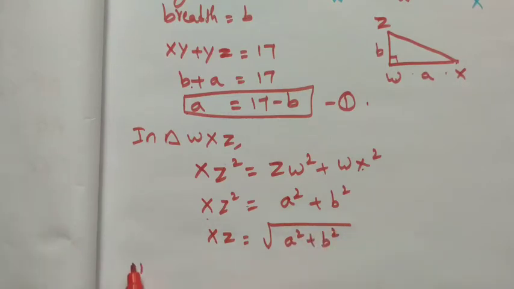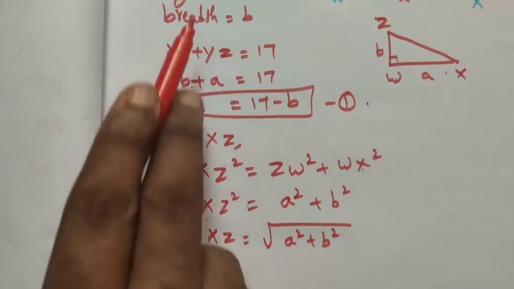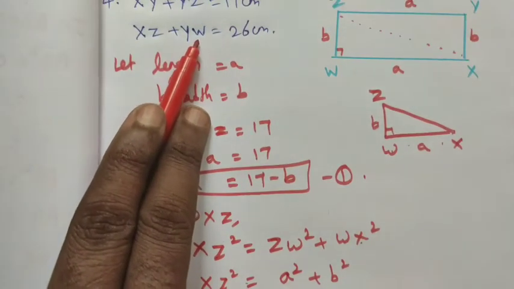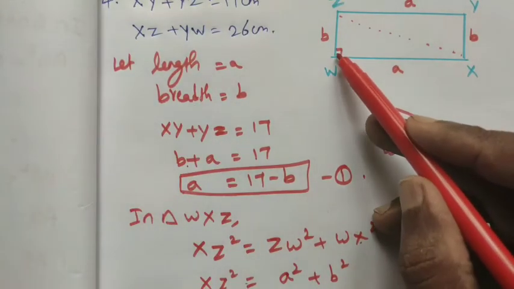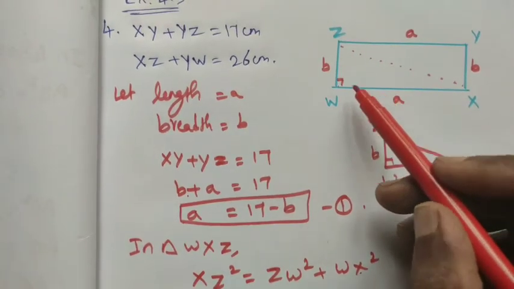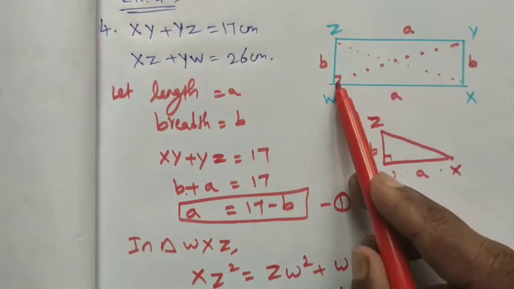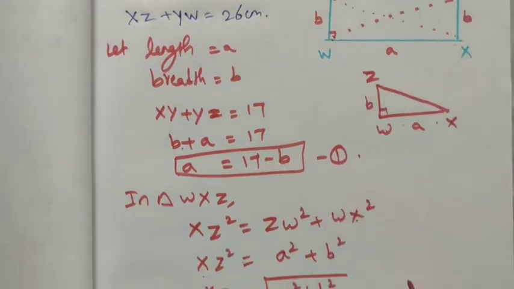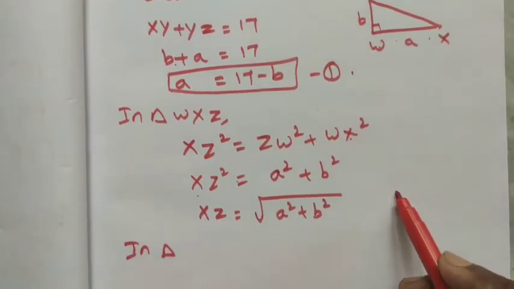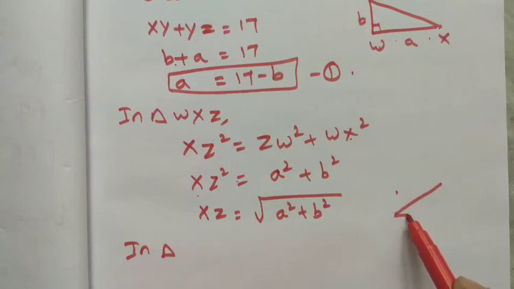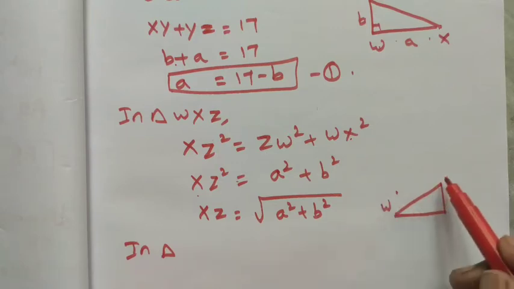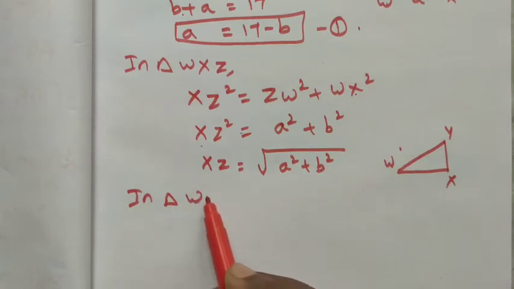And then next we want to find out YW. What is YW? This is the distance. Let me take another triangle, the triangle WXY, I draw here roughly. In triangle WYX, it is also a right angle triangle, so 90 degrees.